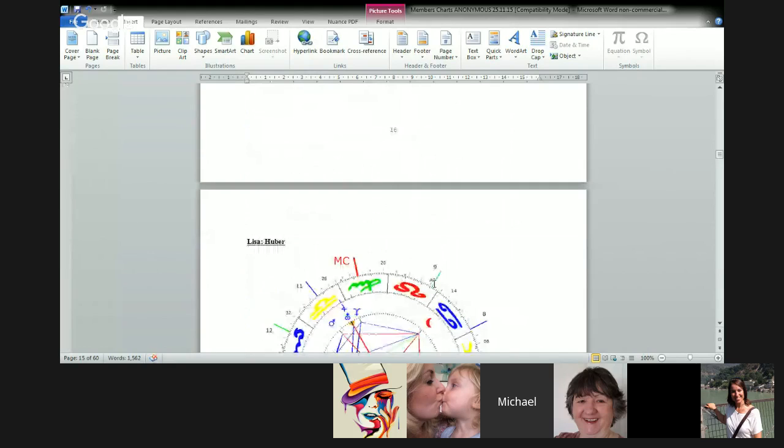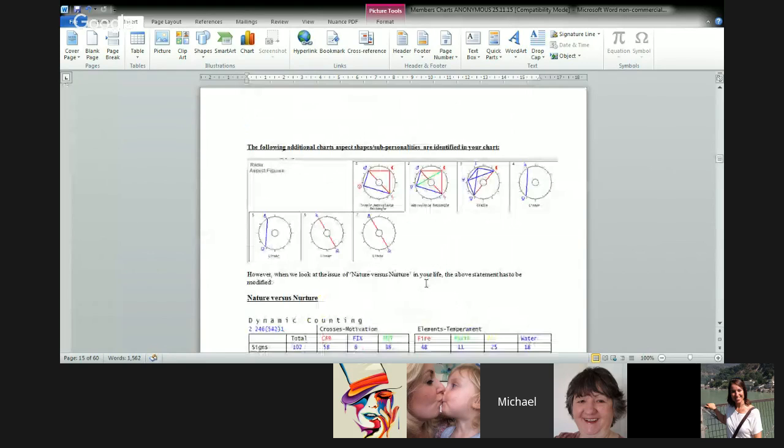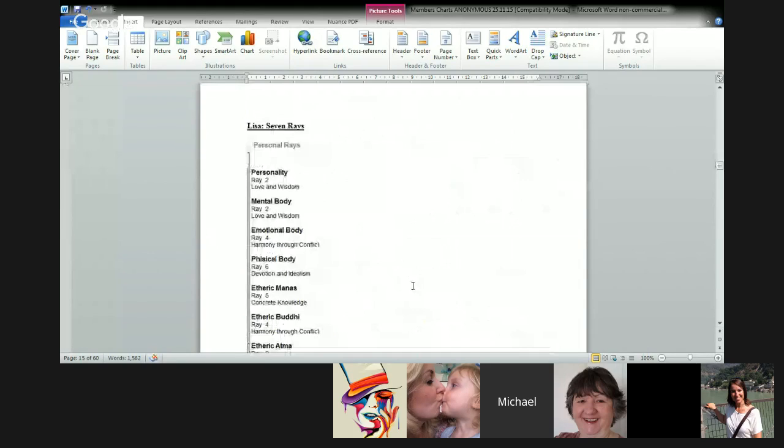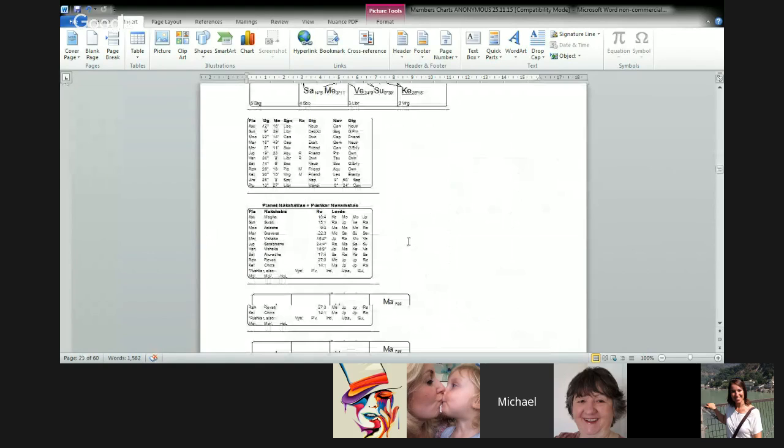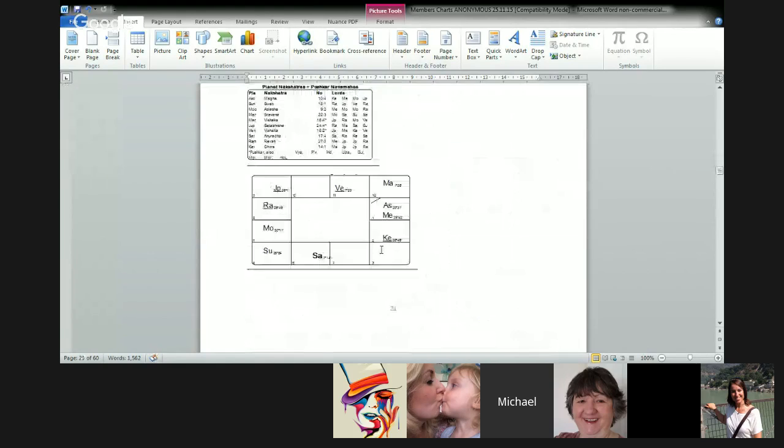So who would come next? Louise. And so here's Louise's Navamsha. Like me, Louise has Mercury very close to the Navamsha ascendant.